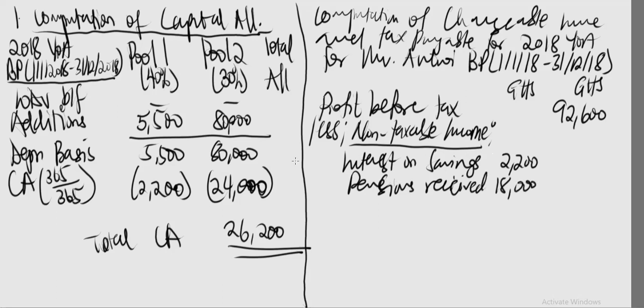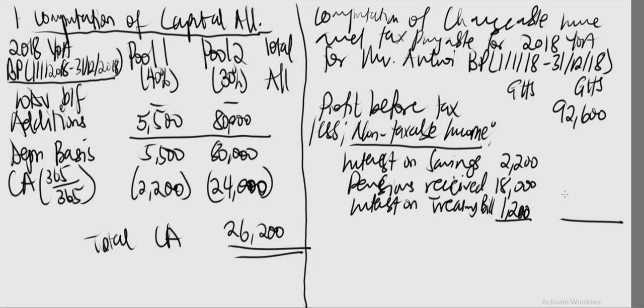Then interest on treasury bill. Interest on treasury bill is also exempt because it's an individual. It's a government security, 1,200. So all these things were exempt income. They should be taken out.